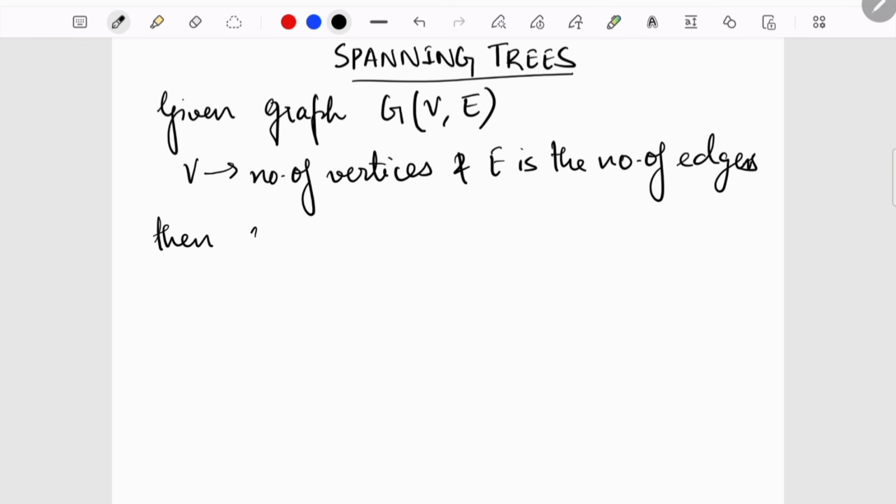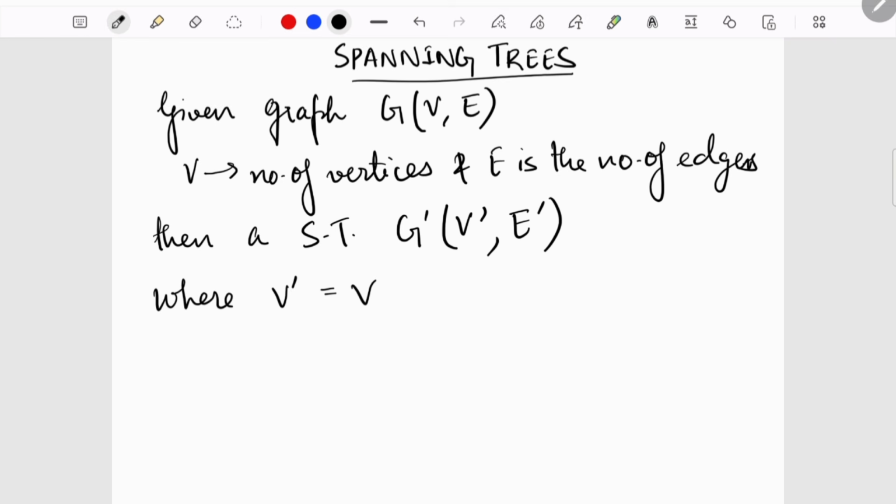Then a spanning tree will be represented by G', V', and E', where V' will be equal to V, that is, the spanning tree will have an equal number of vertices as the graph, but E' will be less than E. It will be a subset of E. Also, E' equals the number of vertices minus 1. So this is the definition of spanning trees.